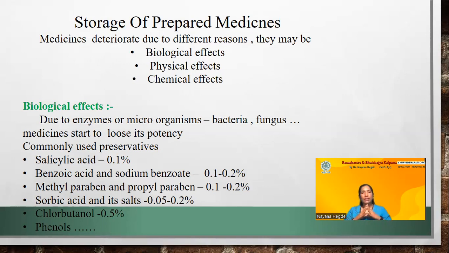So how does the medicine have chances of losing its potency due to the biological effect? Due to the enzymes and the microorganisms which are present in the prepared medicines, the medicine starts to lose its potency slowly.